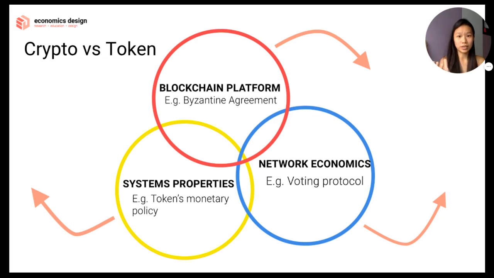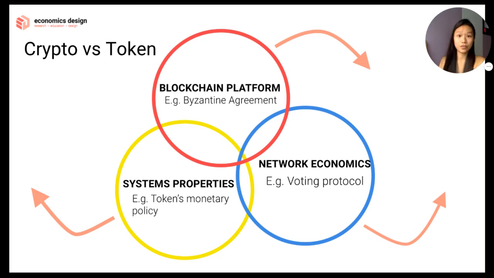So when we look at blockchain platform, we are looking at the different kinds of security or economics that are involved in building the really basic foundation where you can build your things on top. So this is, for example, Byzantine agreement, or the different kinds of consensus agreements, or the different protection against attacks like cyber attacks or long range attacks.